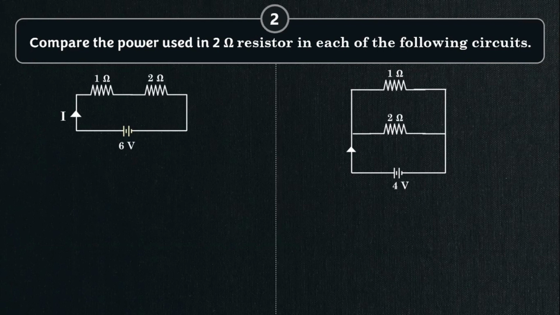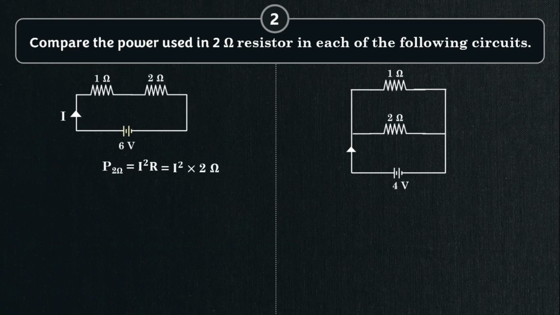Let's see the series circuit first. Power consumed by 2 ohm resistor is equal to I square R. As we have already seen in the previous video, it is easy to use I square R formula for series circuit to find the individual power. We need to find the power used by 2 ohm resistor. Therefore, I square into 2 ohm.